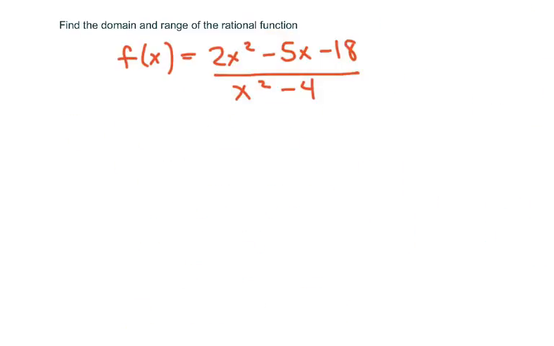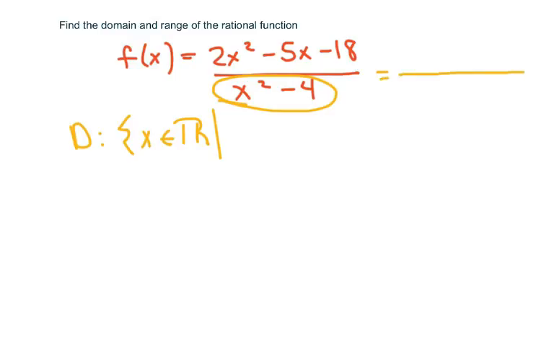Okay, the next one, we have to find the domain and range. The domain's pretty easy. The domain is everything, but the only thing it can't be is 2 and -2.